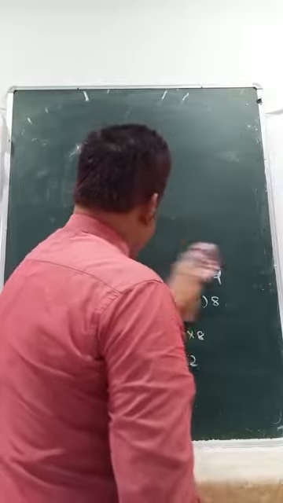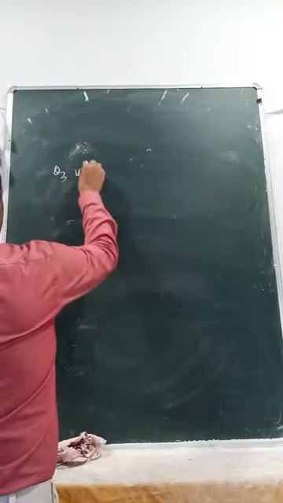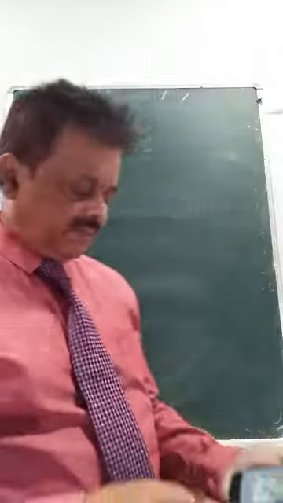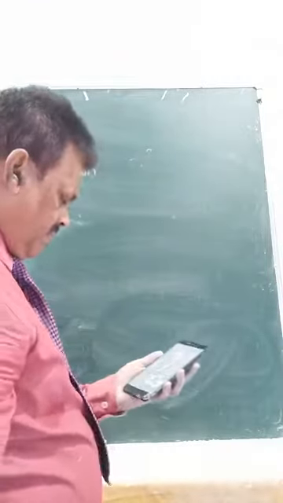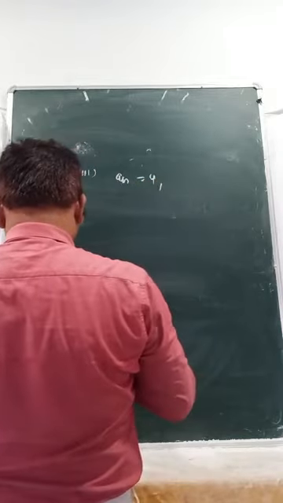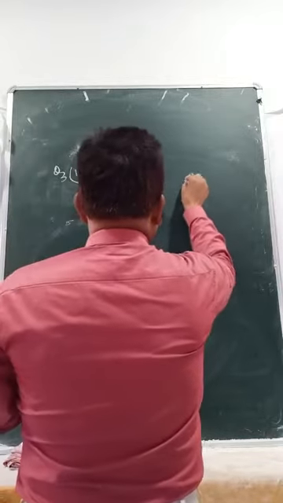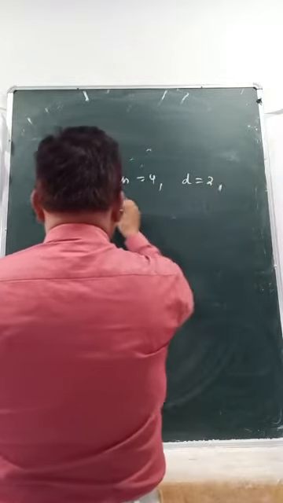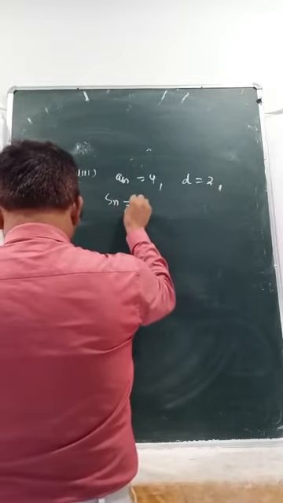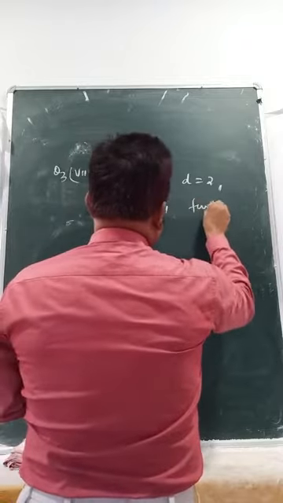Question number 3, part 8. So part 8 is n equals 4, d equals 2, Sn equals minus 14. Find n and a. Find n and a. So what to do?